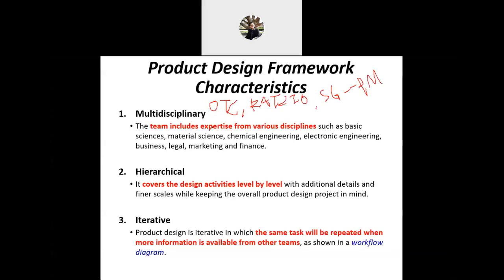For the market study is quality function deployment, or house of quality. This one is market study. This is the method. And then to ensure the product development effort is in a comprehensive manner, business model canvas.